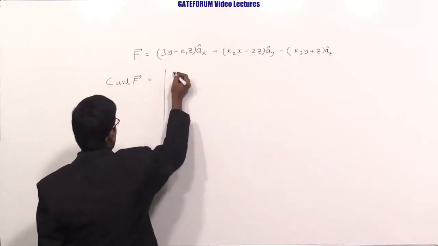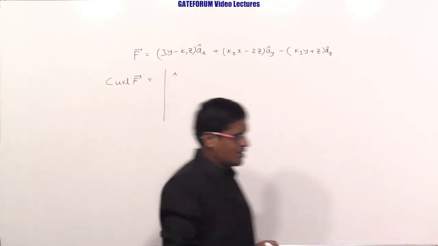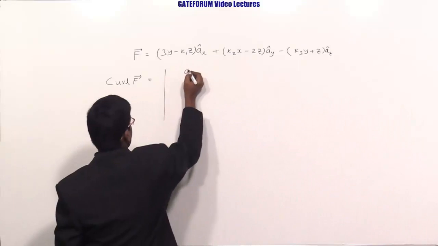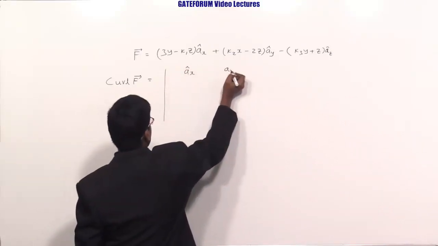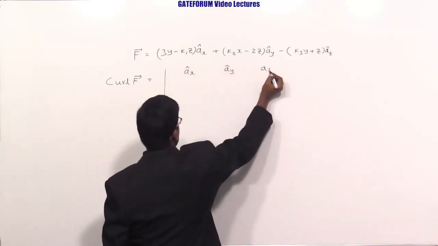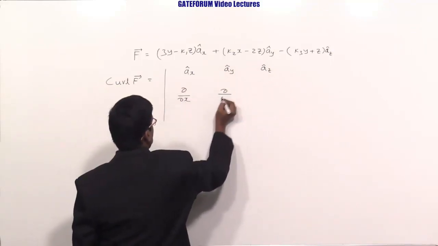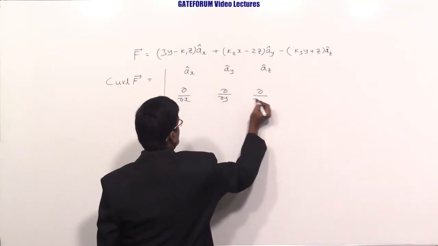So it is a 3 by 3 determinant. First row I, j, k, nothing but here ax, ay, az. Second row del by del x, that is dou by dou x, dou by dou y, dou by dou z.